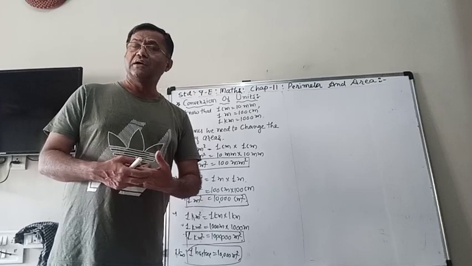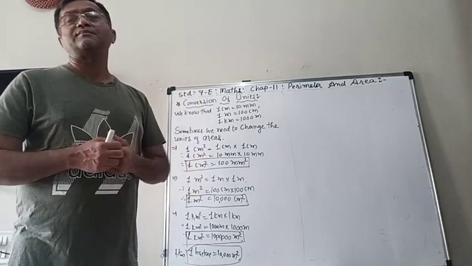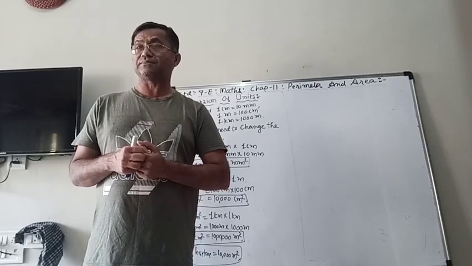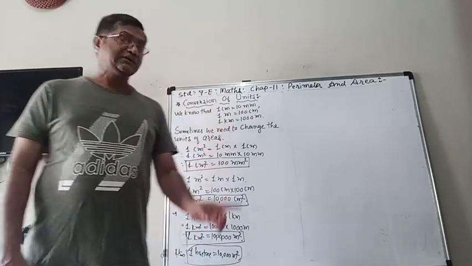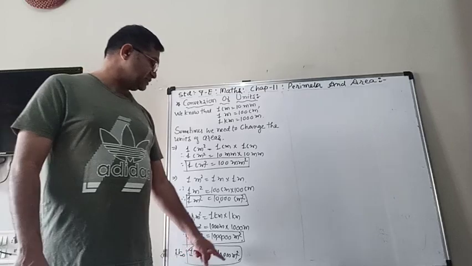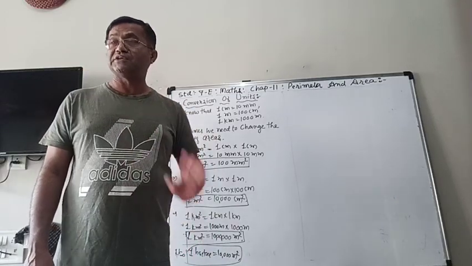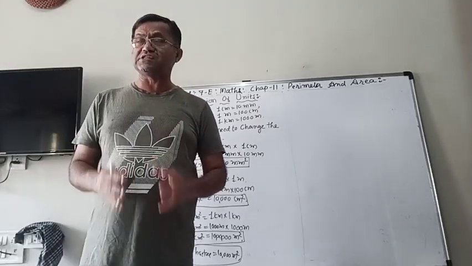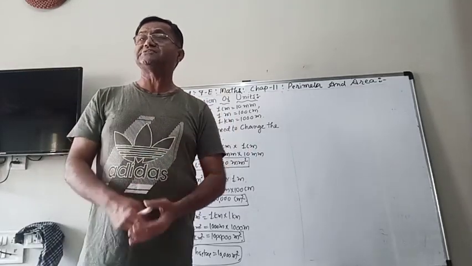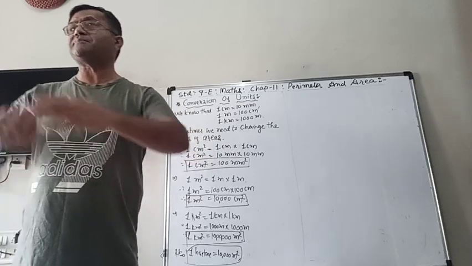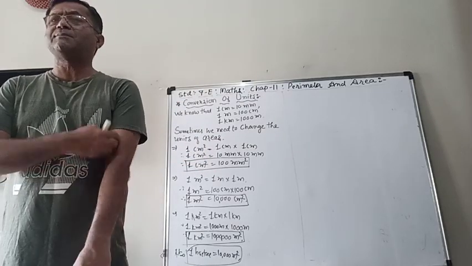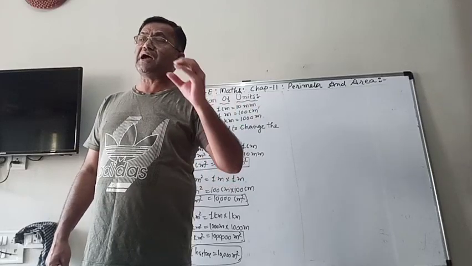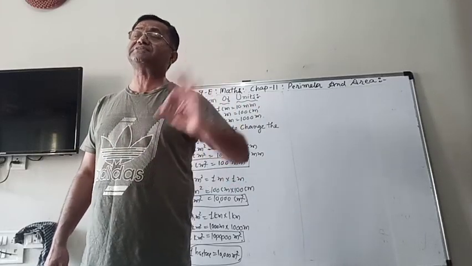And in area, sometimes we use a bigger unit also, that is hectare. You have to remember that 1 hectare is 10,000 meter square. Sometimes big farms have a bigger area, and they will ask you to find the area of that plot in hectare.